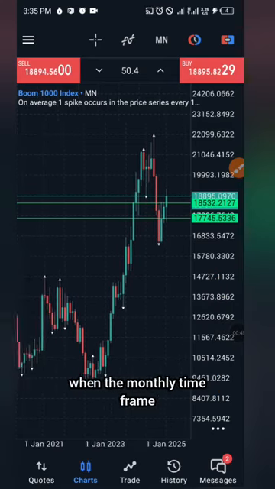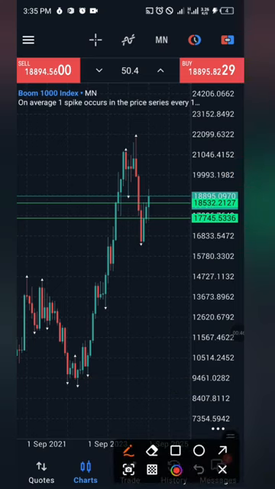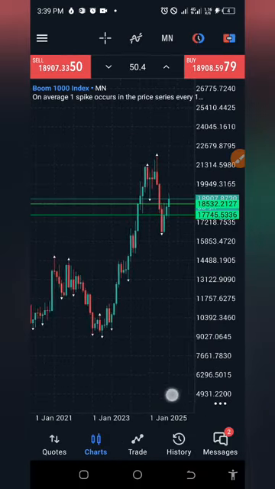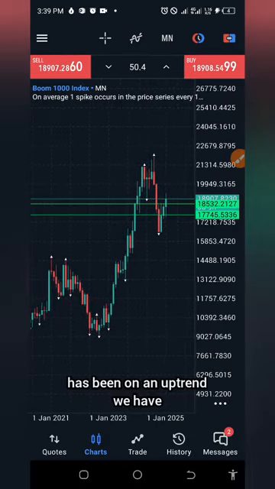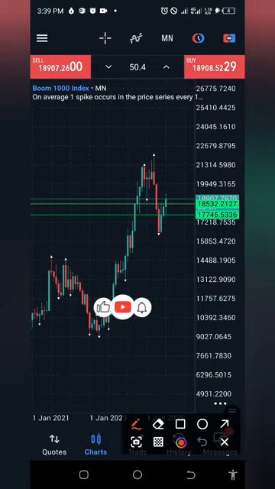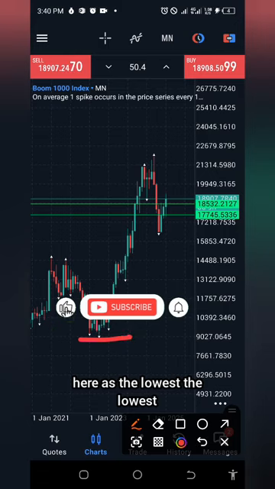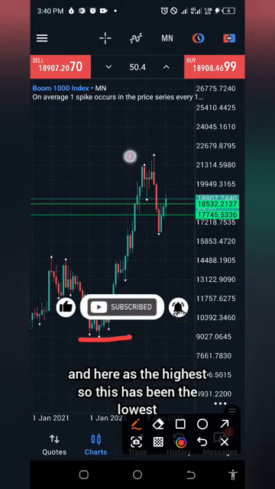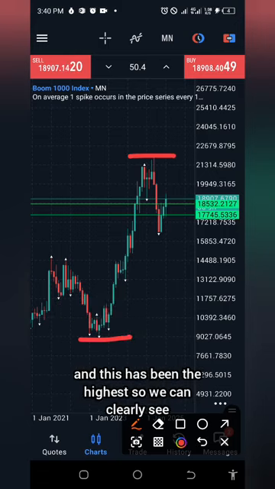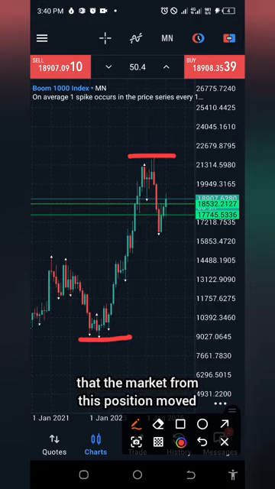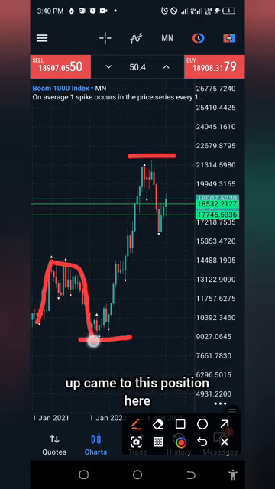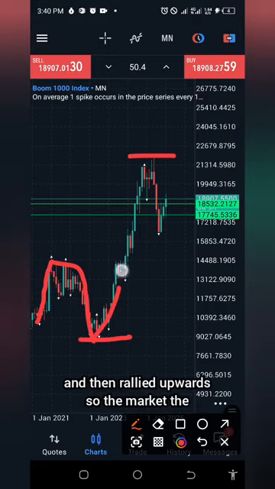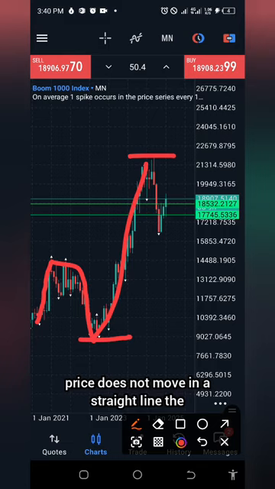We're in the monthly time frame, and we can clearly see that the market has been on an uptrend. We have here as the lowest of the lows, and here as the highest. So we can clearly say that the market from this position moved up, came to this position here, and then rallied upwards. Price does not move in a straight line, price moves in waves.